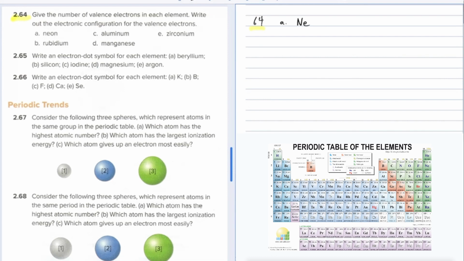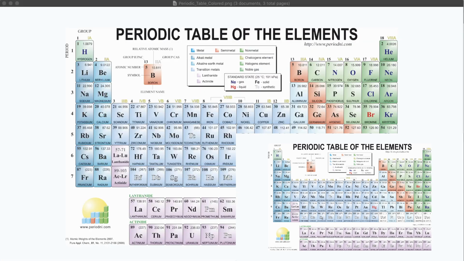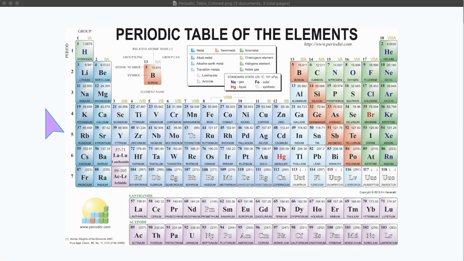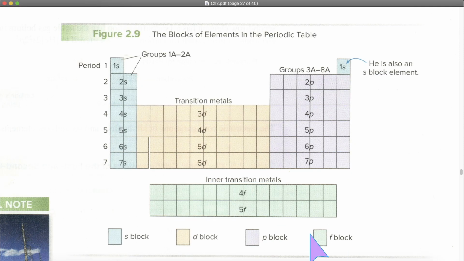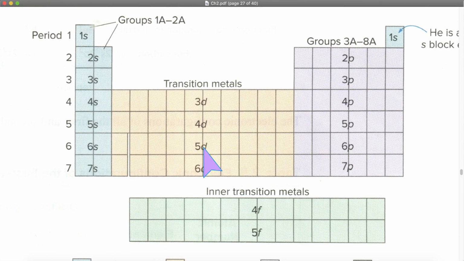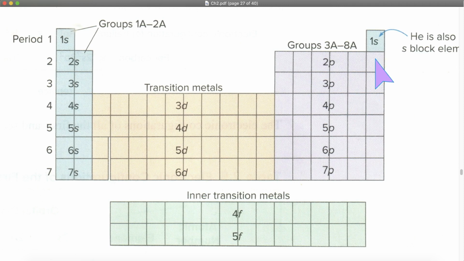So there is neon right here. Let's break out the other periodic table. Here it is right there. This one helps you write the electron configuration.